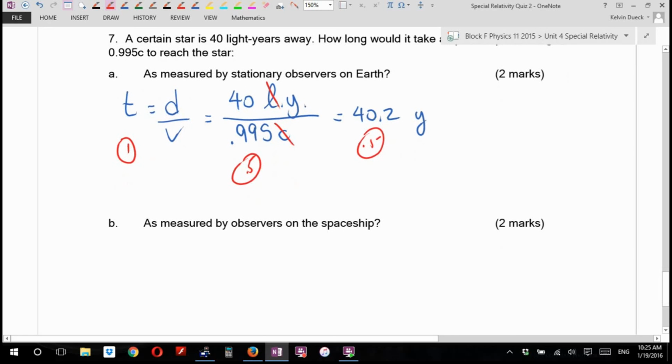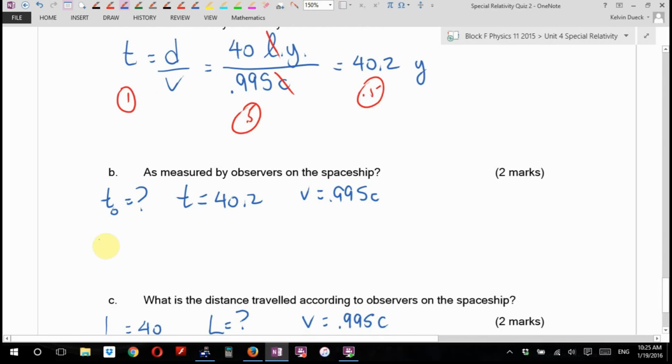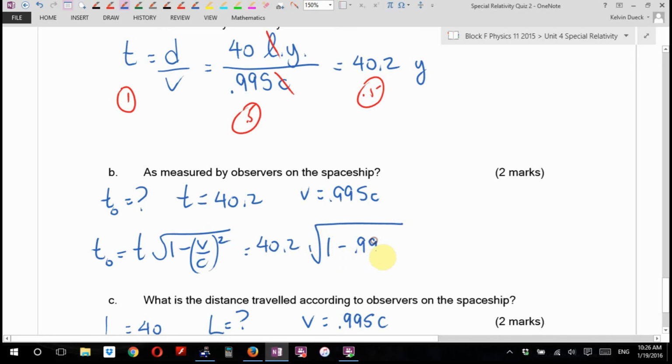What about on the spaceship? Well, on the spaceship, we want to find T0. T back on Earth is 40.2. The speed is 0.995 c. Don't forget to put that. So I think when we got the T0 by itself, we said it was times the Lorentz factor over to the other side. It's going to be 40.2 times the square root of 1 minus 0.995 squared, because the C's are going to cancel.